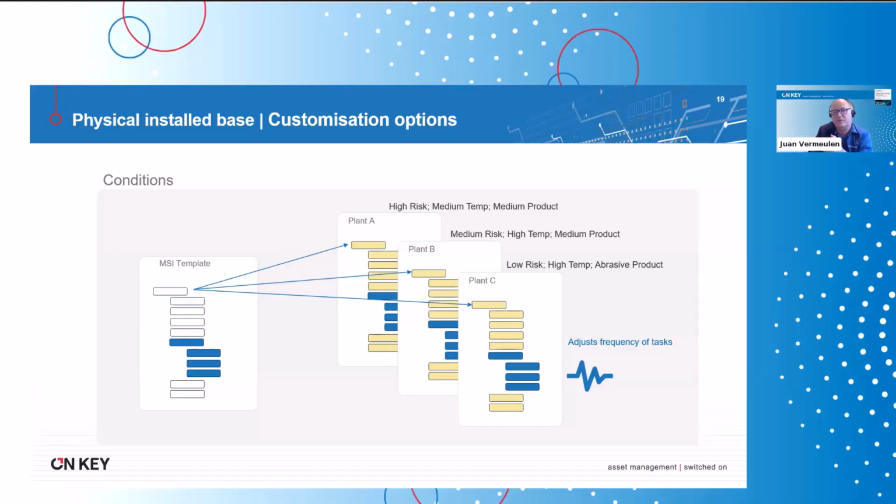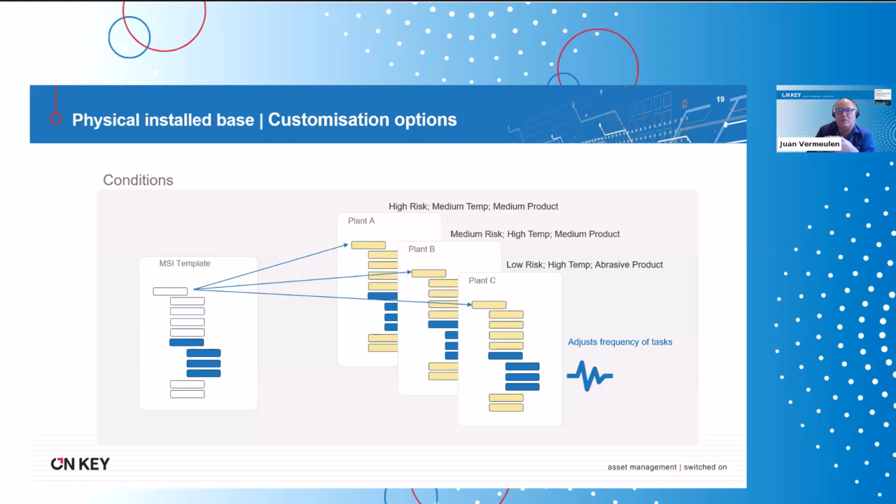So we've got this concept of conditions. You can think about any condition that's applicable to you. It's not hard coded. I used examples there of risk, temperature, and product. You can add as many as you want, and you can apply as many active conditions on an asset. It just kind of sums it up. So for plant A you could choose active conditions of high risk, medium temperature, medium product.